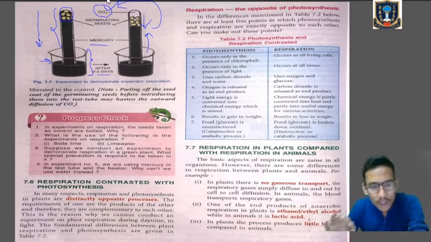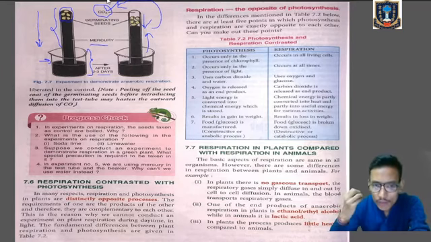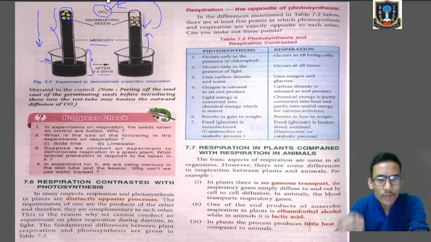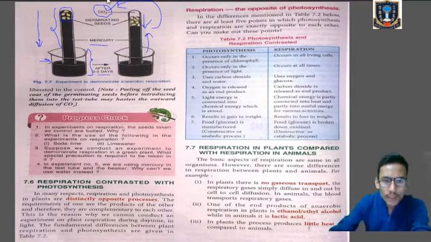One more time, the function of potassium hydroxide is to absorb the carbon dioxide present inside the test tube.